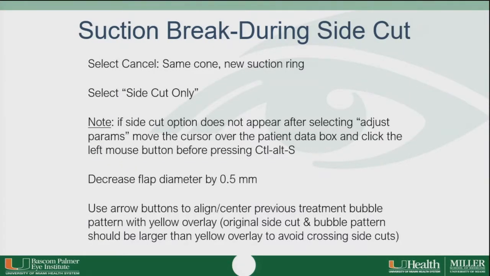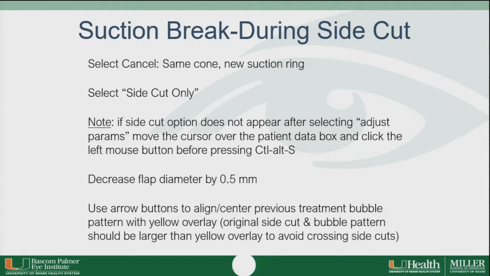What do you do when suction break occurs during the side cut? You can select side cut only if you have an interlace. You may consider to decrease the flap diameter by 0.5 millimeters so that your side cut is well inside the lamellar cut.